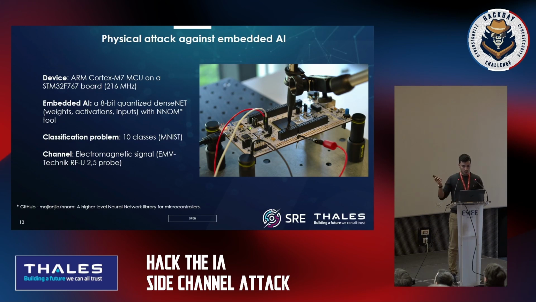In this device, we embedded a state-of-the-art neural network, known as DanceNet, and we decided to quantize it in order to implement the neural network into the device. Because if the neural network is too large, it can be difficult to implement it into an embedded system, so we have to use some quantization technique in order to implement the artificial intelligence, the neural network, into our device.